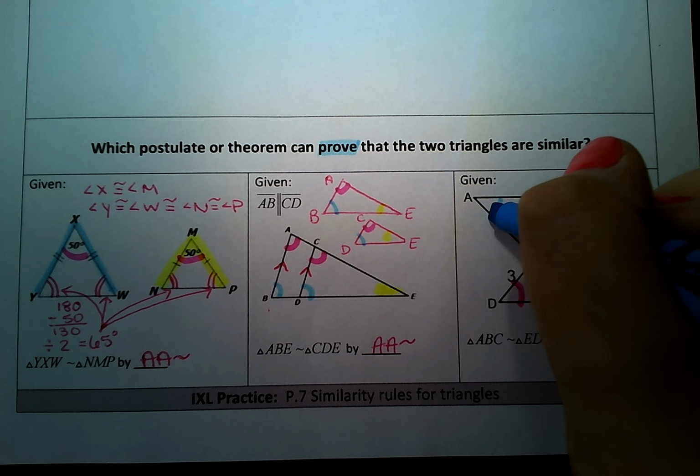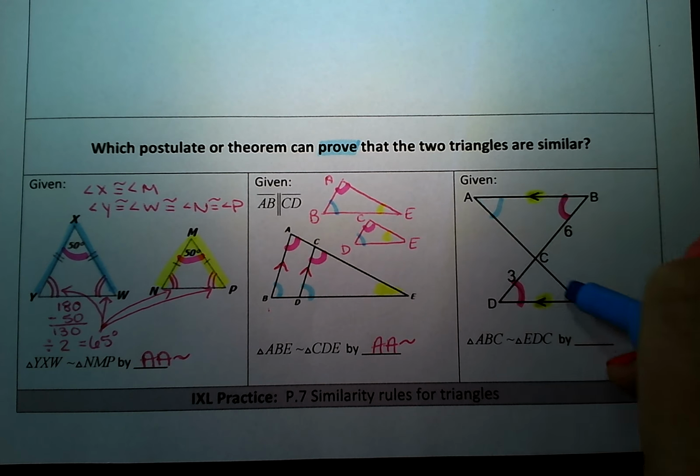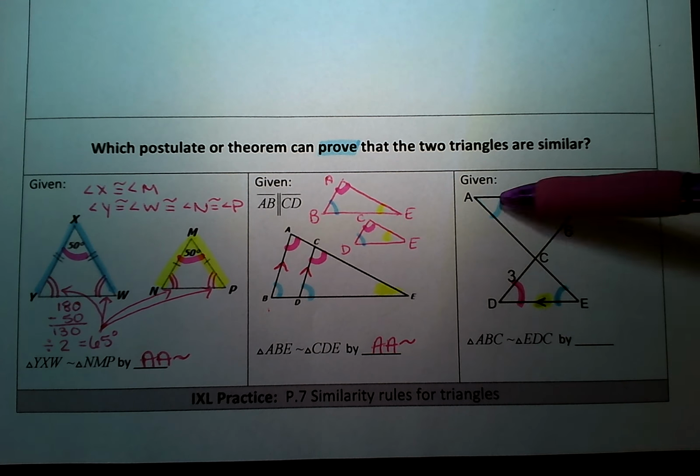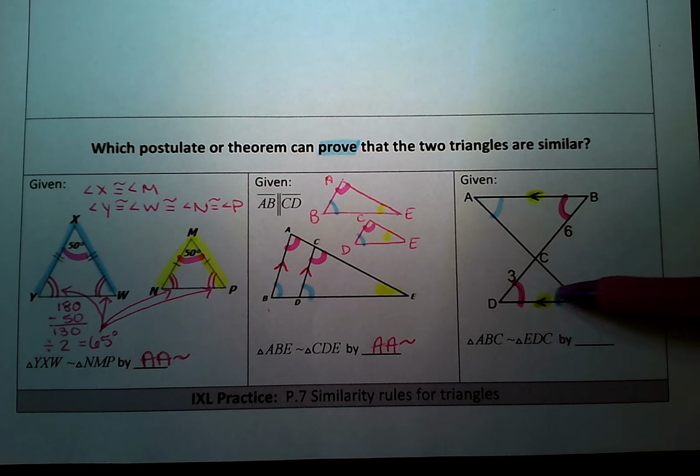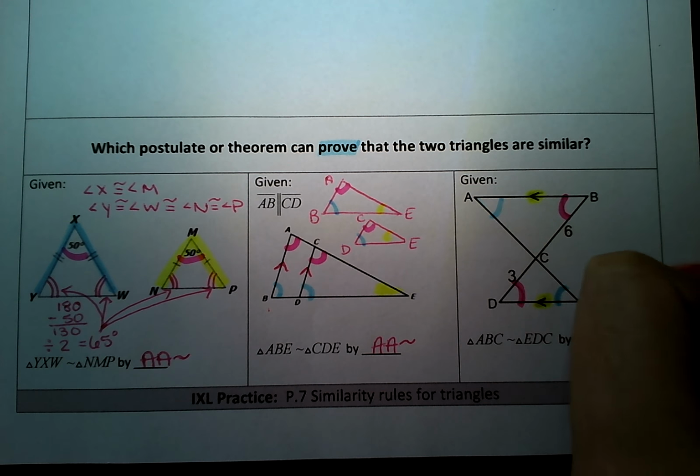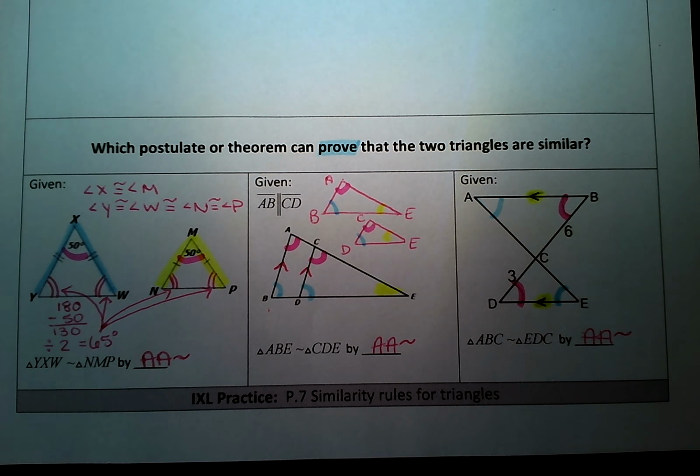Angle A, travel down its transversal, stop at the parallel line, must be congruent with angle E, and I'm done again. What do I mean by that? I have two angles in the top triangle that are equal to two angles in the bottom triangle. So this is another set of similar triangles by the AA similarity postulate.